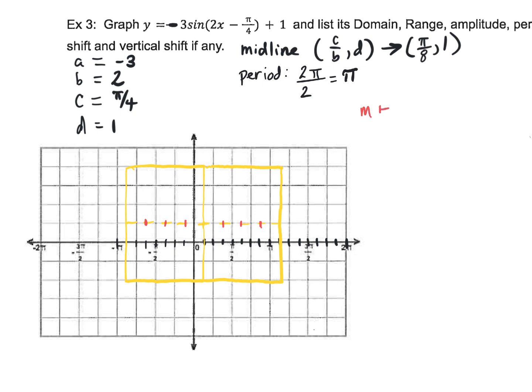Midline. But what do I need to take into consideration? I need to take this negative into consideration, which means that this is going to become what instead? So now we can mark it. Starting at the beginning of the first window: middle, low, middle, high, middle, low, middle, high, middle.